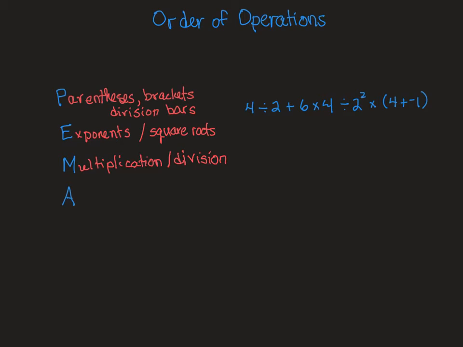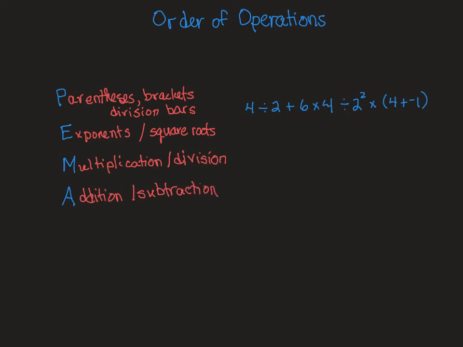Multiplying is the doing and division is the undoing, finding the missing factor. When multiplying, I'm multiplying two factors together. In division, I have an answer and I'm finding the missing multiplier. The last thing you're going to look for is addition and subtraction, and that also is as it comes from left to right.